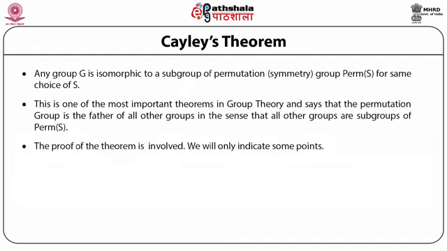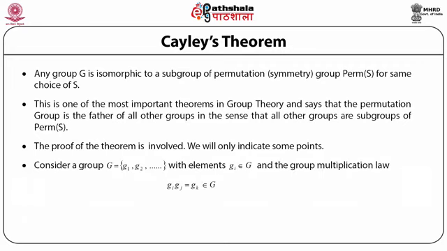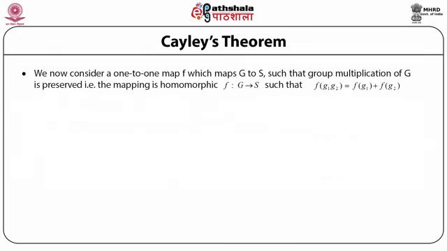The proof will not be given, but to prove it, we have to establish certain things, which are the following. Consider the group G, whose elements are g1, g2, etc., which belong to the group G, and it has the group multiplication law, g_i g_j is equal to g_k, which belongs to G. We now consider a one-to-one map F, which maps this group G to the symmetry group S, such that group multiplication of G is preserved.